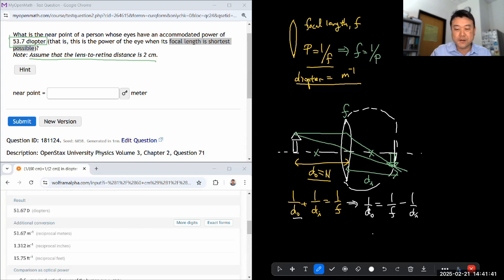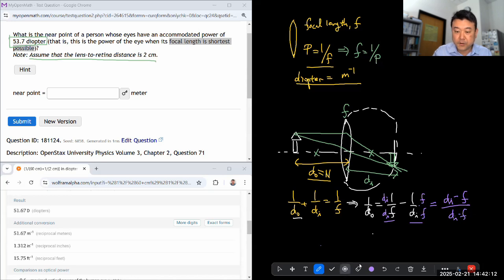For the 1 over F term, you multiply top and bottom by DI, which doesn't change the number. For the 1 over DI term, you multiply top and bottom by F, which doesn't change the number. Now they have a common denominator, so I can write the combined fraction: DI minus F, divided by DI times F.